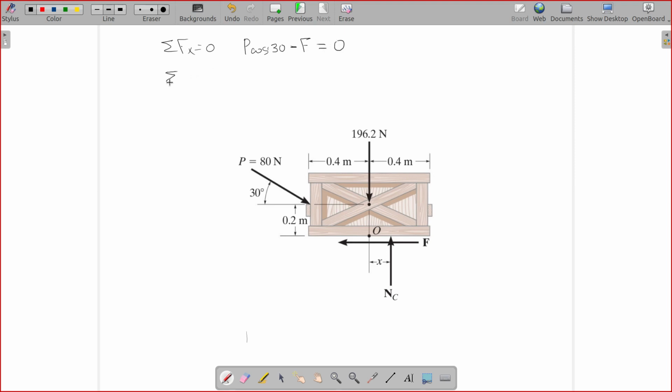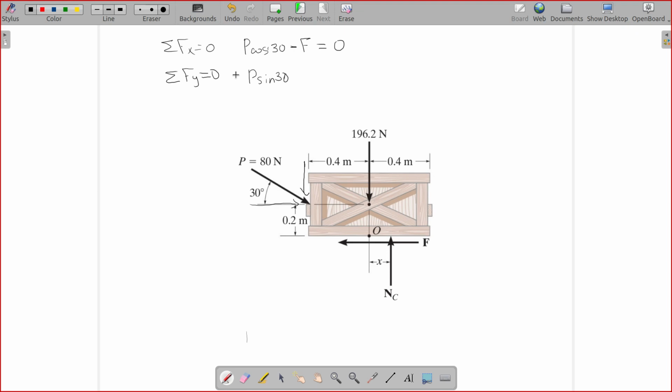Now similarly, net force in y direction should be 0. So the vertical component of P will be P sin 30, and that component is acting downwards, right? Downwards.